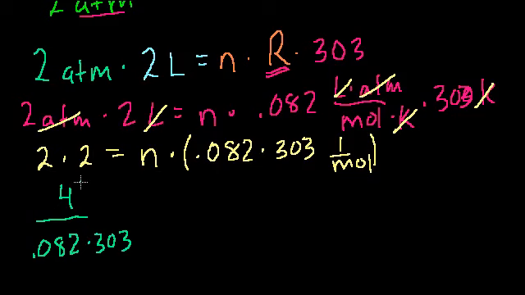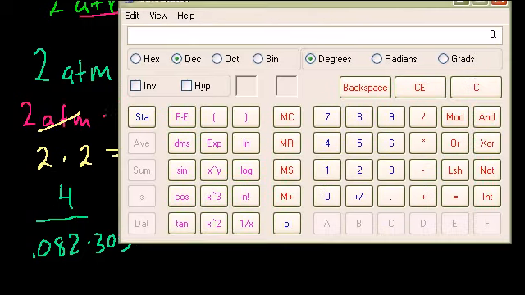And when you divide by a 1 over mole, that's the same thing as multiplying by a mole. Moles is equal to n. So it's good. The units all worked out. We're getting n in terms of moles. And so we just have to get the calculator out and figure out how many moles we're dealing with.